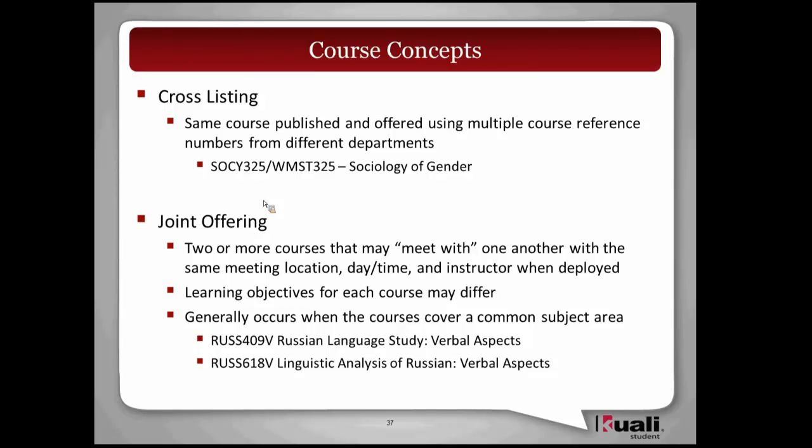So a good example of that, we have a social gender course. Well, you can take it under Soc 325 or Women's Studies 325. It's the same course, same title, same description, same learning objectives. It is the same course. And in Kuali, as opposed to our current legacy systems, we've modeled that as a single object with 2 identifiers to it.